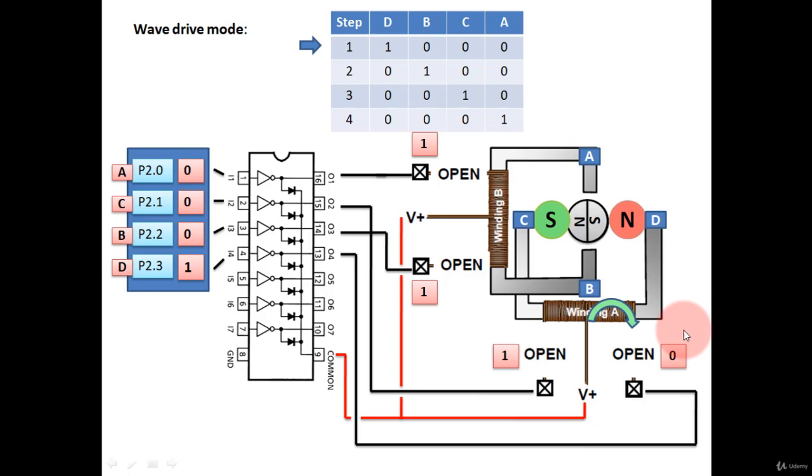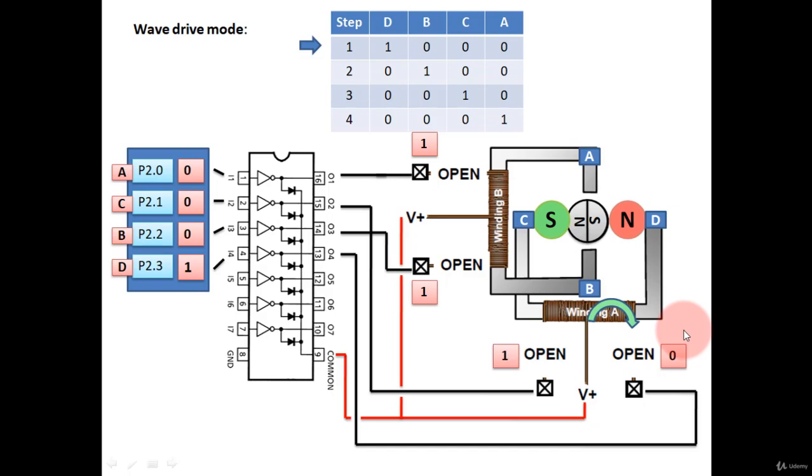In wave drive mode we have to pass a 4 step sequence as shown in this table. If we pass sequence 1, 2, 3, 4, then the motor will rotate in clockwise direction, and if we reverse this sequence, then the motor will rotate in anti-clockwise direction.